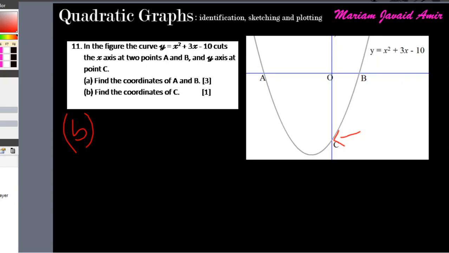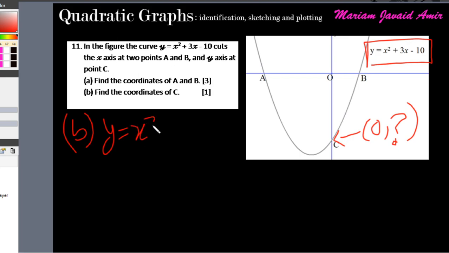When the graph cuts the y-axis, the x coordinate is 0 and we need to find the other coordinate. We also know the equation of the graph, which is y equals x squared plus 3x minus 10. In this equation, substitute x equals 0 and we get y equals minus 10. So the value of C is simply minus 10.